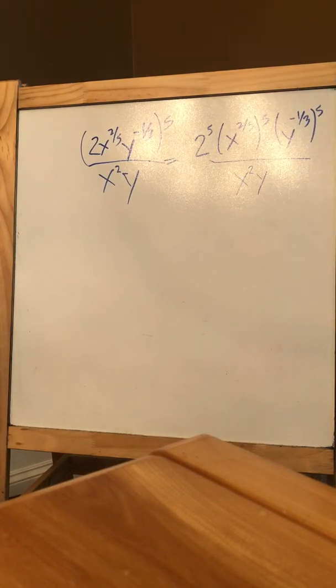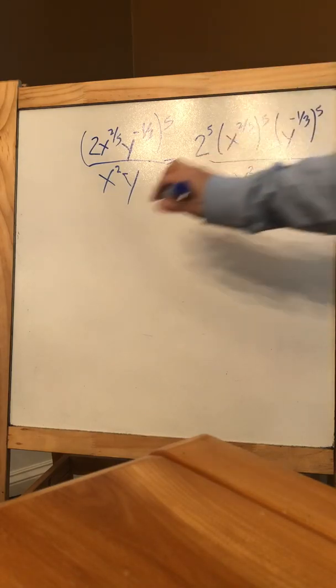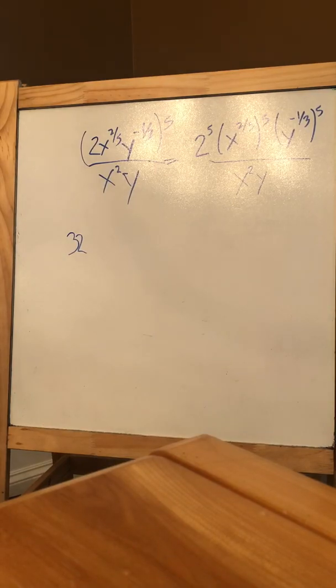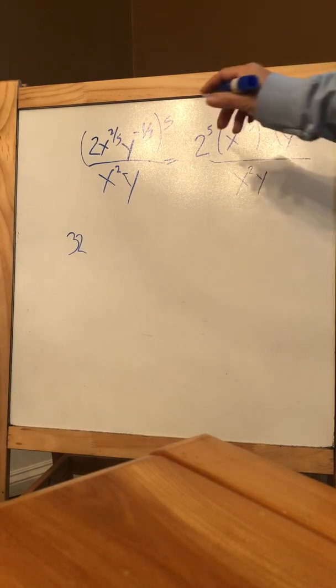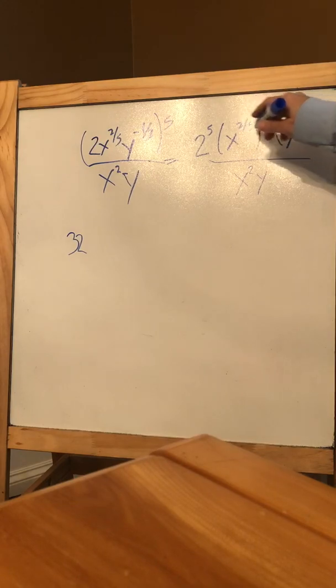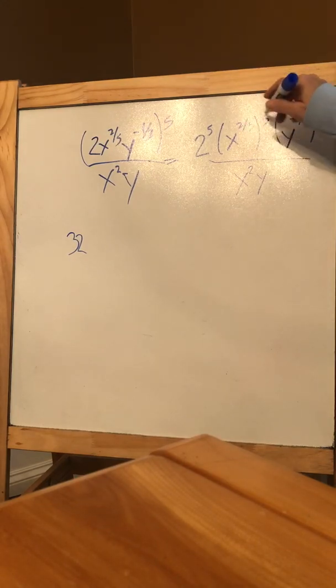Okay, the next thing we're going to do is multiply everything out. So 2 to the 5th is going to give us 32. How about x to the 2/5 taken to the 5th? If we have an exponent taken to another power, we multiply. When we're multiplying across, we add, and when we're taking an exponent to an exponent, we multiply.